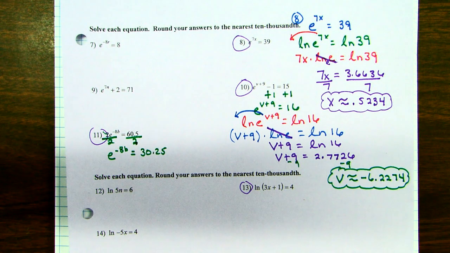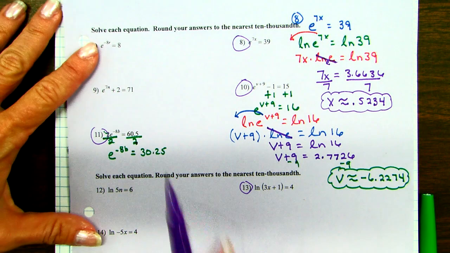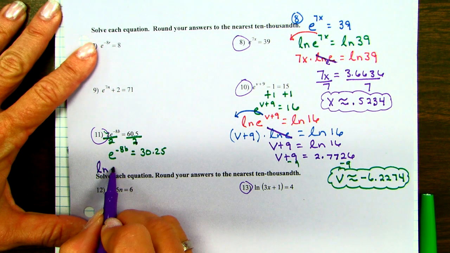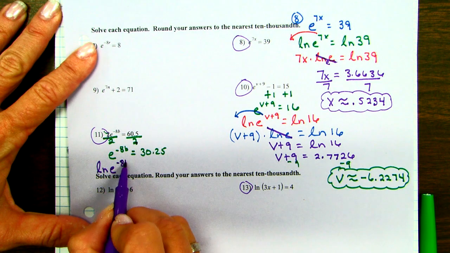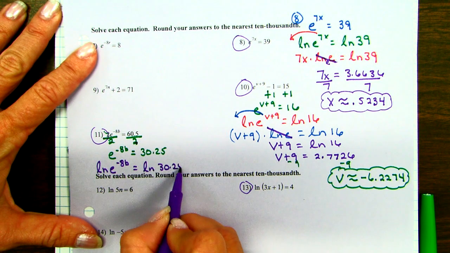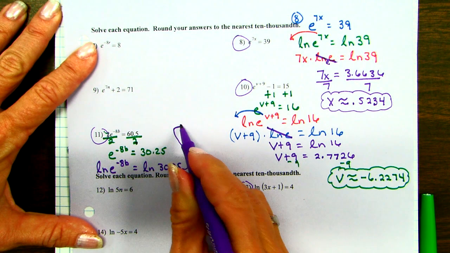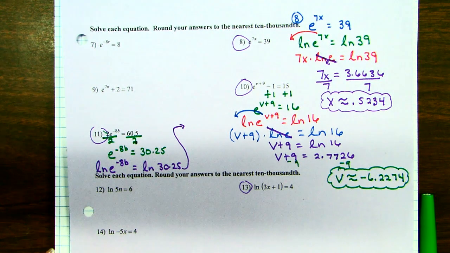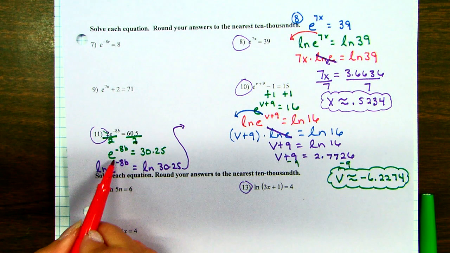I'm going to take the natural log of both sides. And because it's a log problem now, you can bring the negative 8b down to the front.